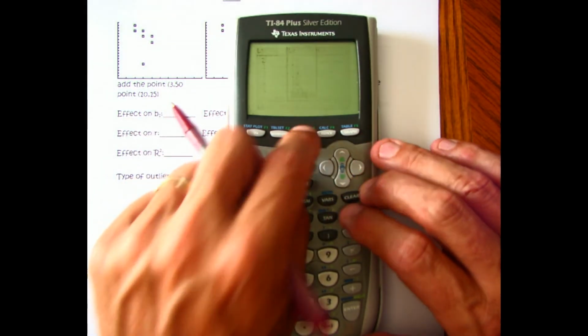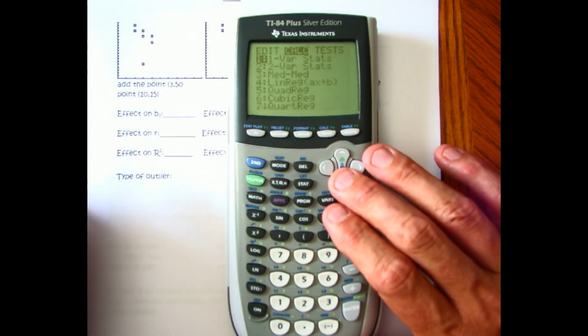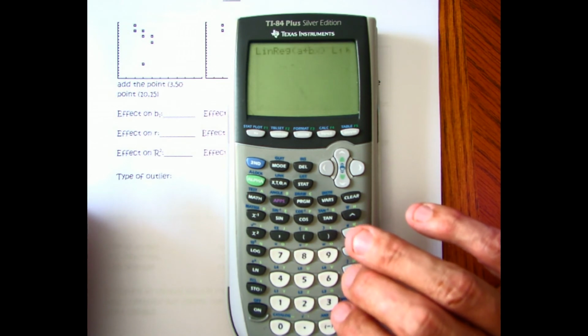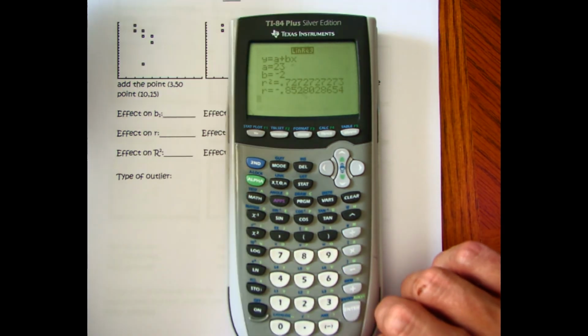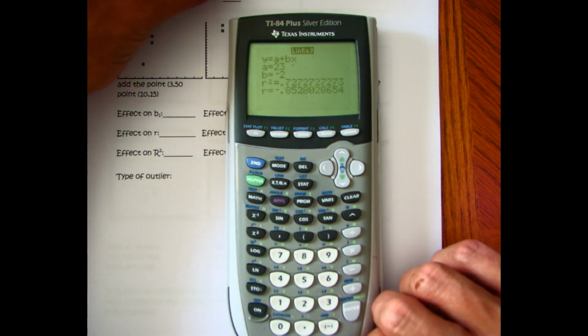And we're going to just take a look at those, and those go like that. So if we calculate that, our slope is -2, our correlation is -0.85, and r squared is 0.73.